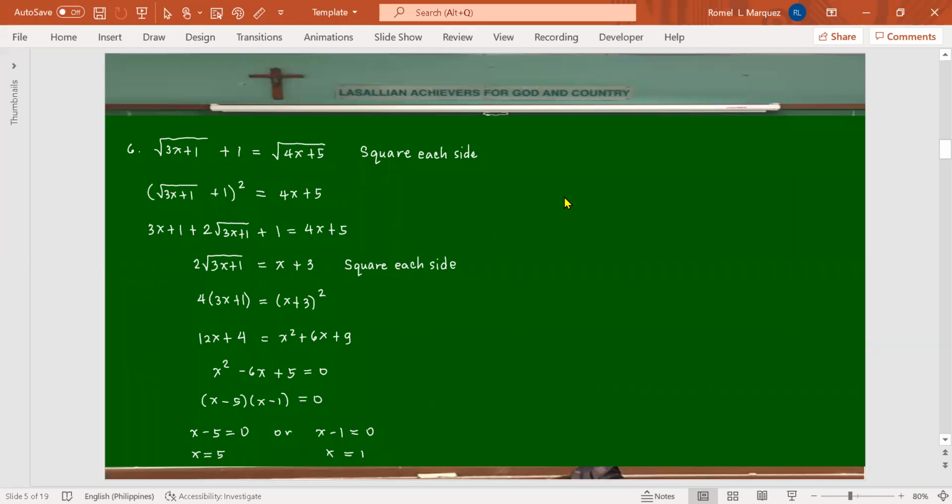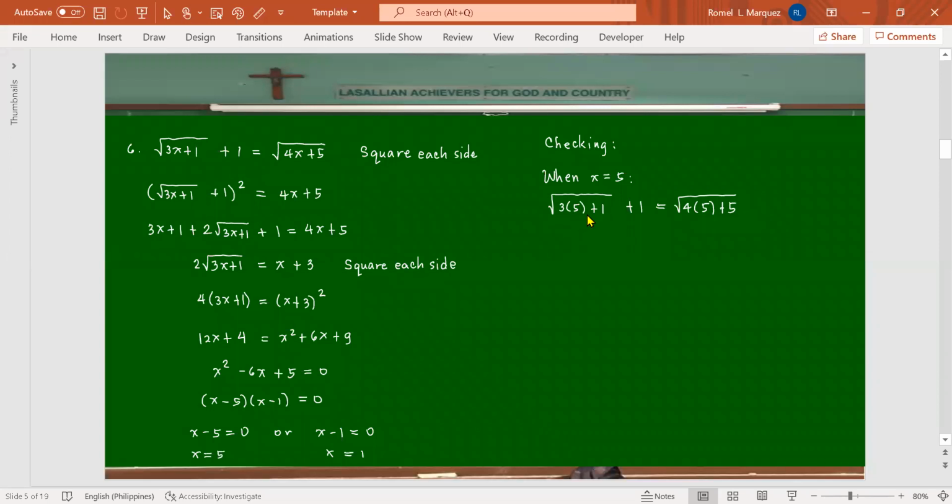Since there is a radical, we have to check again. Let's see if both will satisfy or just one of them or none of them. When x is equal to 5, we get the square root of 3 times 5 plus 1, then plus 1 outside, is equal to the square root of 4 times 5 plus 5.